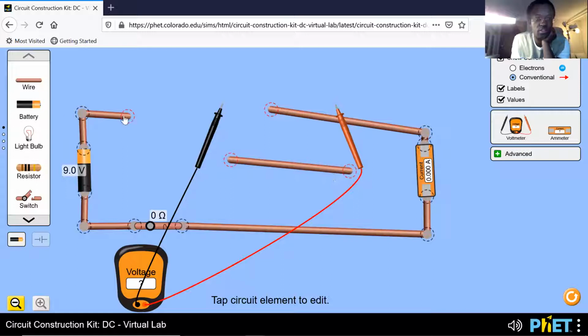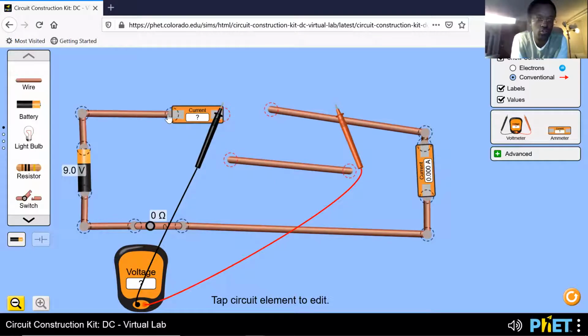Professor, sorry, can you explain again why the light bulbs are brightly lit? Well, it's because they're in series. The current through the wire for a series circuit must be the same. So maybe let me include another ammeter to show you.